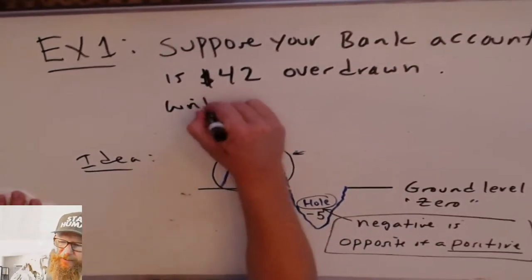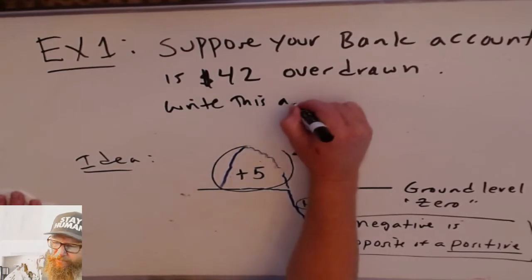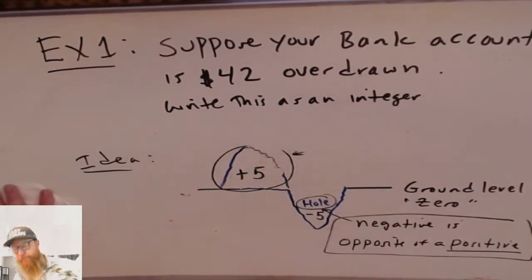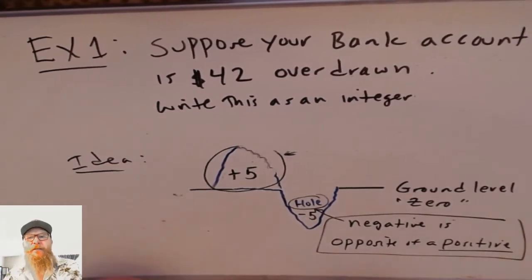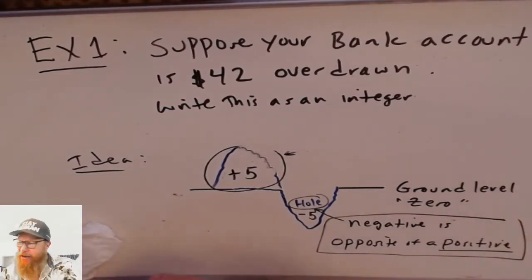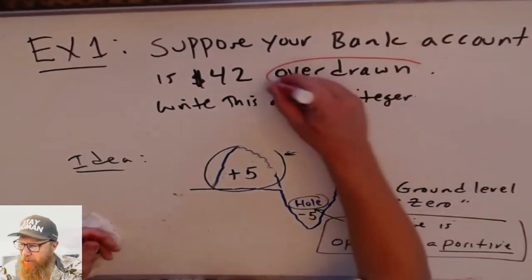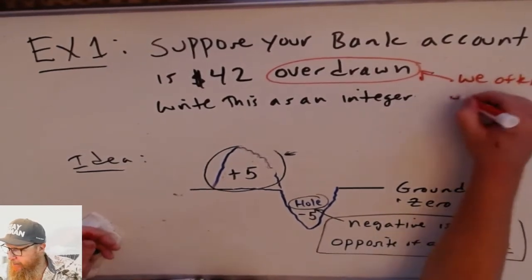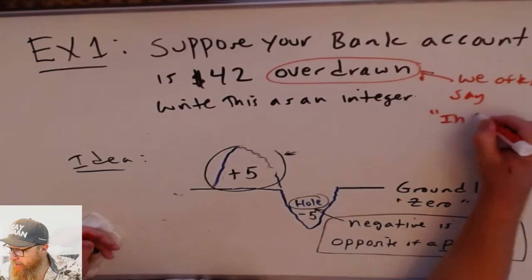Could write this as an integer. So suppose your bank account is $42 overdrawn. Write this as an integer. I don't know if you've ever said this before, but we often say, you're in the hole.